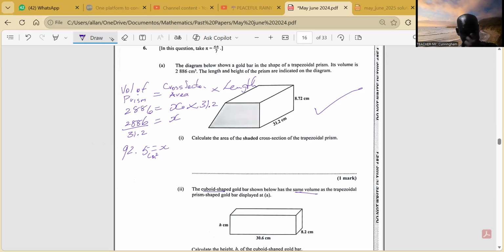So what you have to do, give me the height to 1 decimal place.